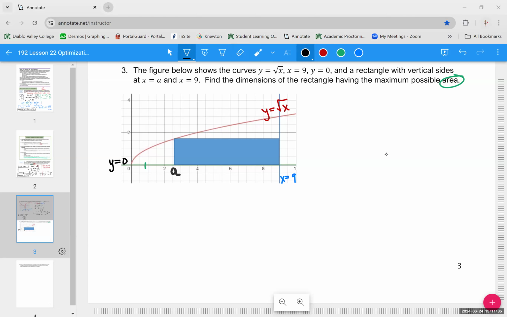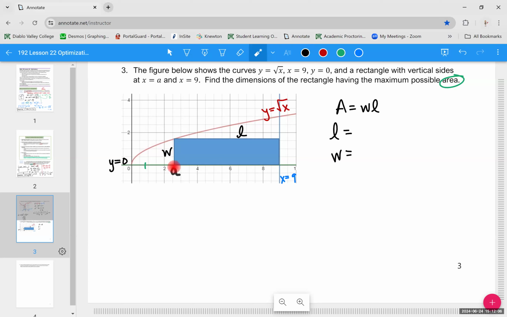So maybe I'll make this side the W and this side the length, which makes the area equation very easy. However, I need to figure out what W and L really are. So let's dive a little deeper into each one of those and see if we can't write them in terms of a, right? Because that is the thing that we were given is changing.